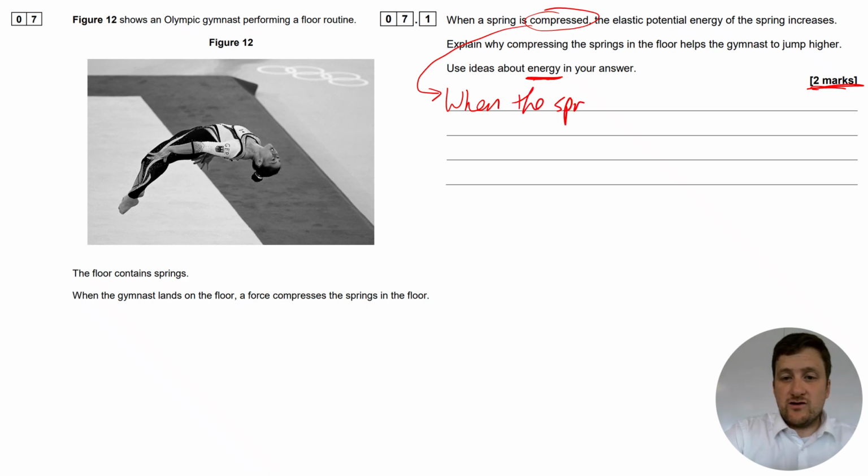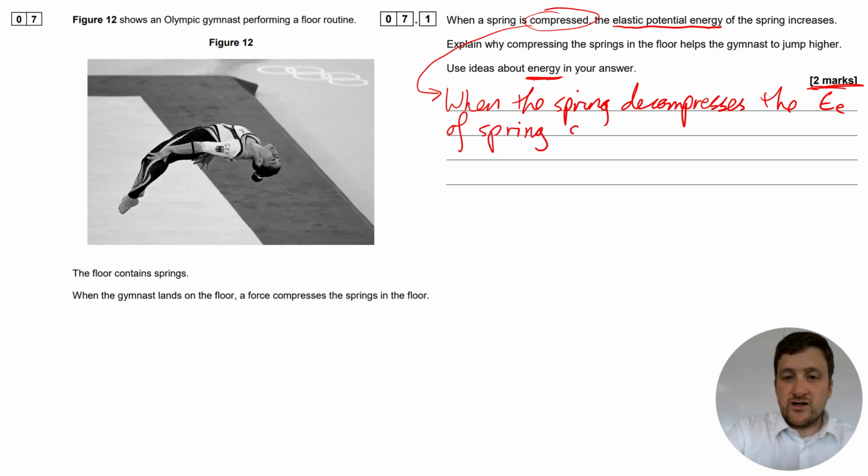We can say it in lots of different ways, but we'll say when the spring decompresses, because that's quite literally the opposite, the elastic potential energy of the spring decreases. They've used that phrase, so it's worthwhile writing it down. That's just saying when the spring stops being squeezed, a lot of the elastic potential energy is going to decrease.